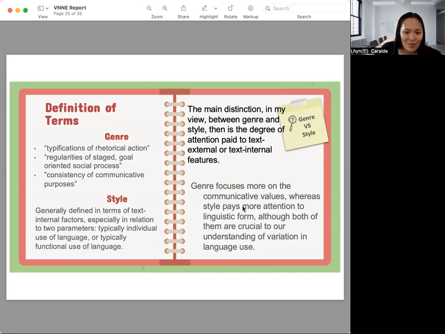So let's remember this sentence, that genre focuses more on communicative values, while the style pays more attention to linguistic form. Although both of them are crucial to our understanding of variation in the language use. So these are the difference between genre and the style.